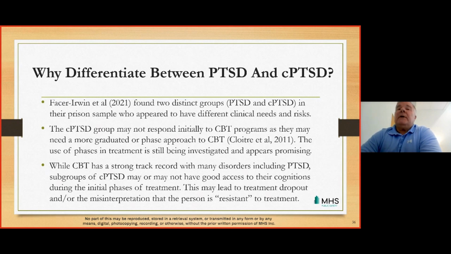Of course, cognitive behavioral therapy has a very strong record with many disorders, including post-traumatic stress. However, if someone needs a phase-in method of getting regulated first, and they don't get that, they may drop out of treatment and they may be misinterpreted as being resistant, which is not a term that I generally use.